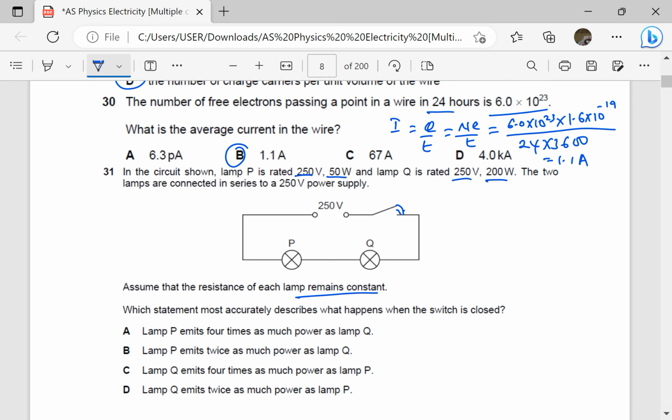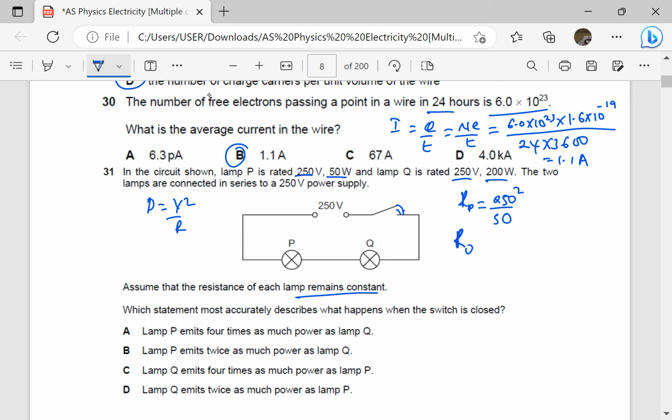Let's first check the resistance of each lamp. For P, using the formula power is equal to V squared over R, making R the subject, the resistance is 250 squared divided by the power, which is 50.